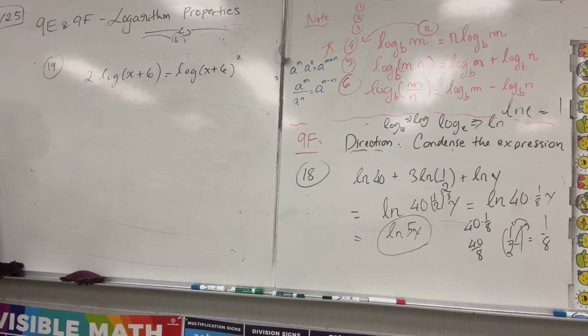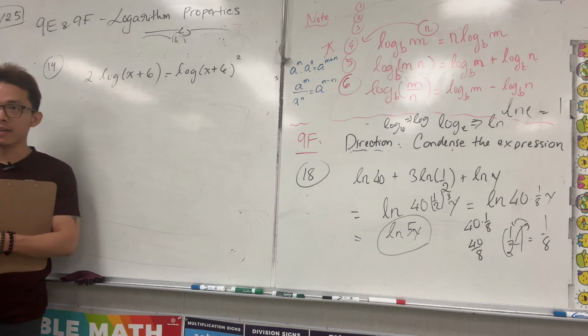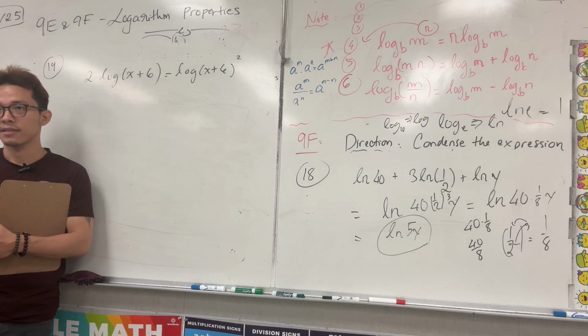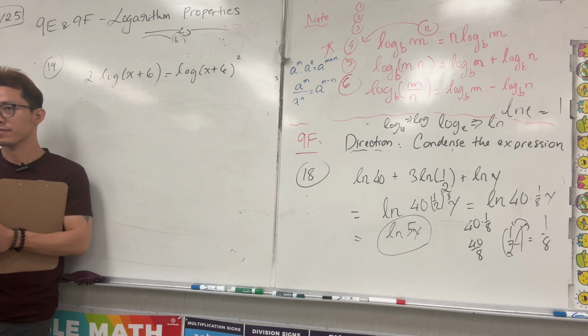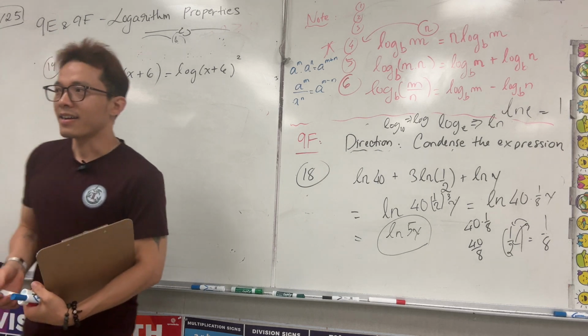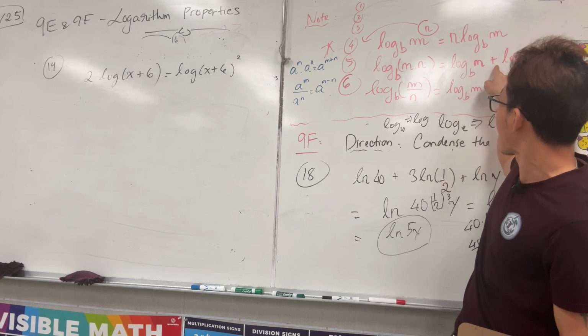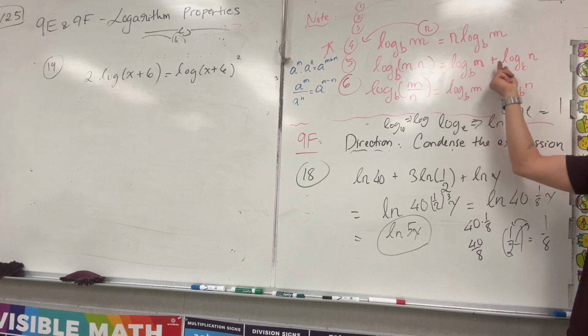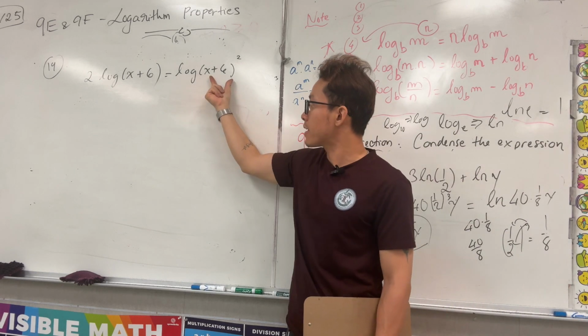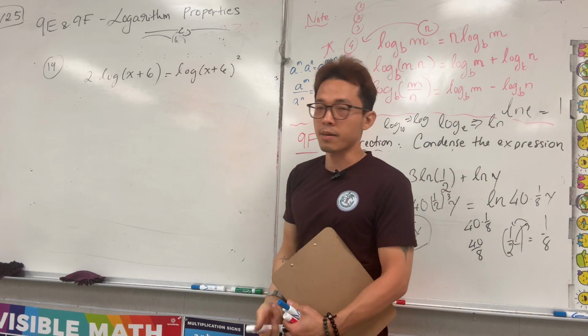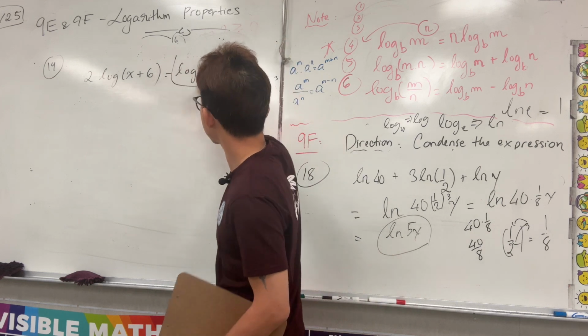You cannot distribute the 2 when they are adding or subtracting. You can only do it when they're adding outside, like log of something plus log of something, not the plus inside. So this is the best you can do. There's nothing else you can do. This is the final answer.